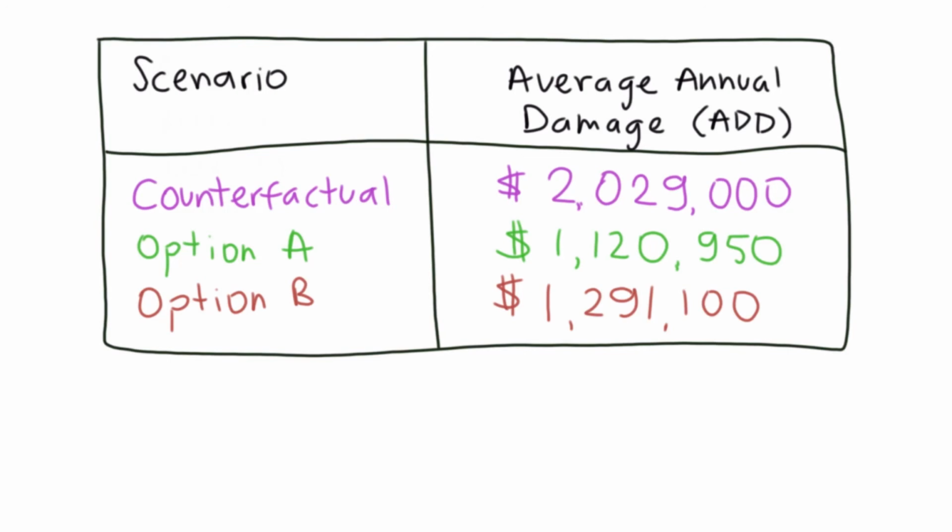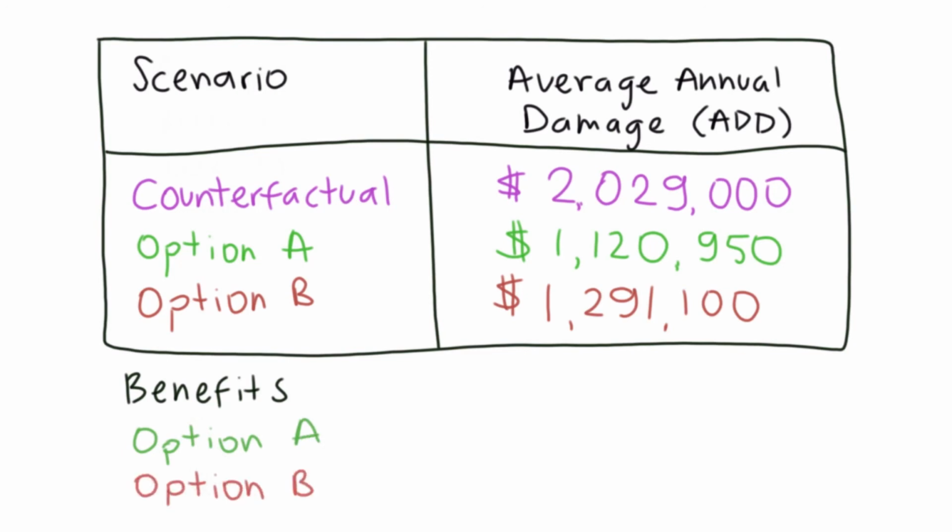In other words, benefits correspond to the reduction in damage achieved by a mitigation option compared to the counterfactual. This is why it is so important to be very clear about what a counterfactual is and have a very clear definition of the base case scenario to be able to estimate the benefits, because the level of benefits will always depend on what we have selected for the counterfactual.